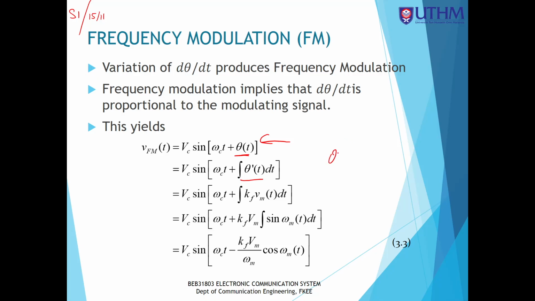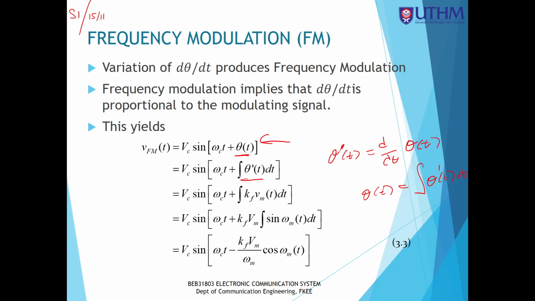Remember, we get theta prime t by taking the first derivative of theta t, theta prime t is d/dt of theta t. And if you want to find theta t, we need to do the integral of theta prime t dt.